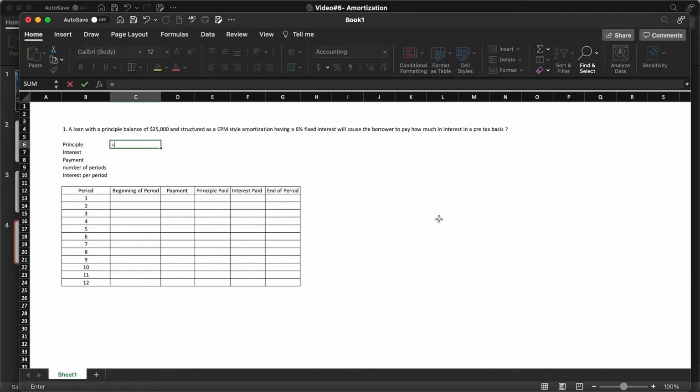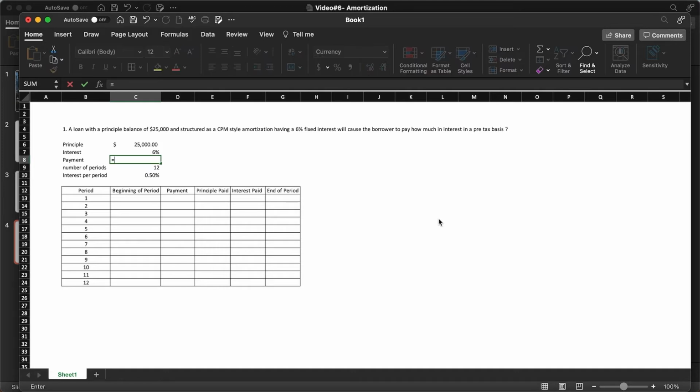So principal, that would be the $25,000. We know we have an interest of 6%. That's given. We'll calculate payment in just a sec. We know we have 12 periods, a 12-month loan, and the interest per period is 6% divided by the number of periods.